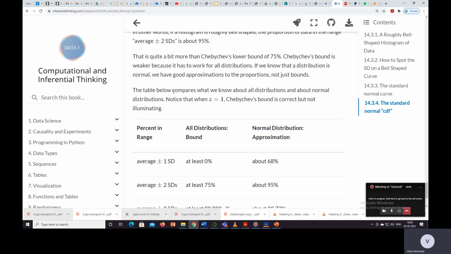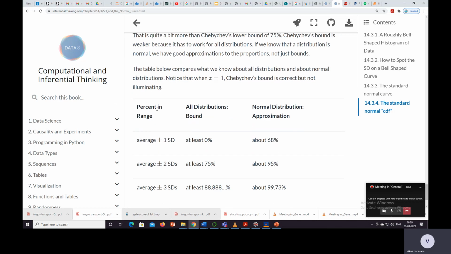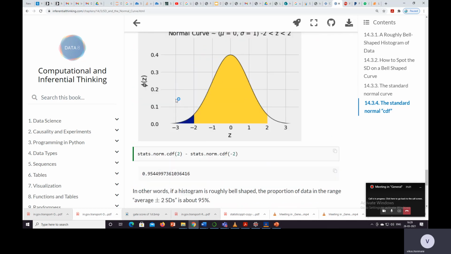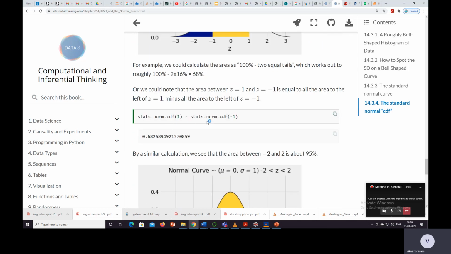So the table below compares what we know about all distributions and about the normal distribution. Here is the comparison between Chebyshev's bound, which covers all distributions, and the standard normal curve. For plus minus one standard deviation, what proportion do we get?